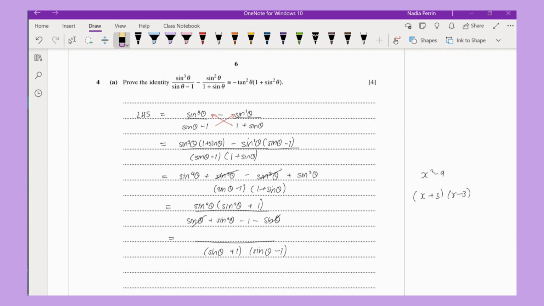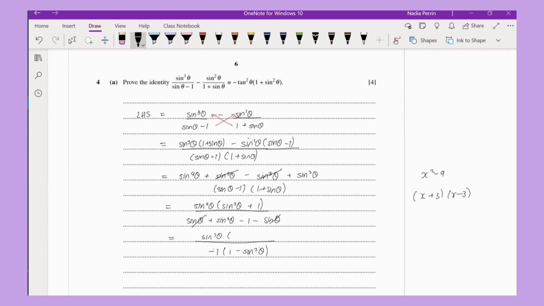Actually, I'm not going to want to do that because I'm wanting to cancel it out with the top. So I'm just going to manipulate that bottom slightly. And I'm just going to factorize -1 out because I'm wanting to use the fact that I can make it cos squared.